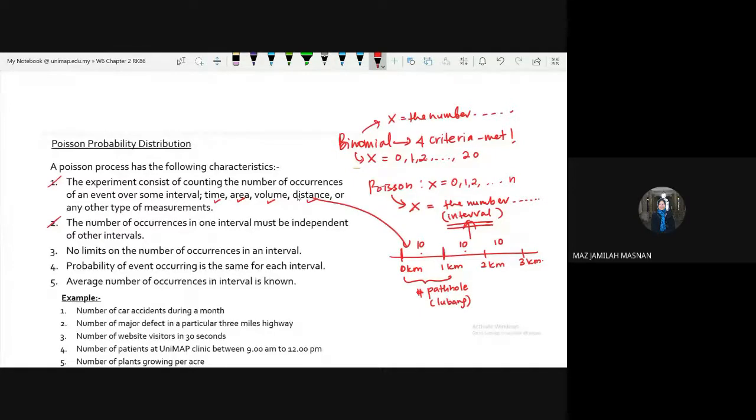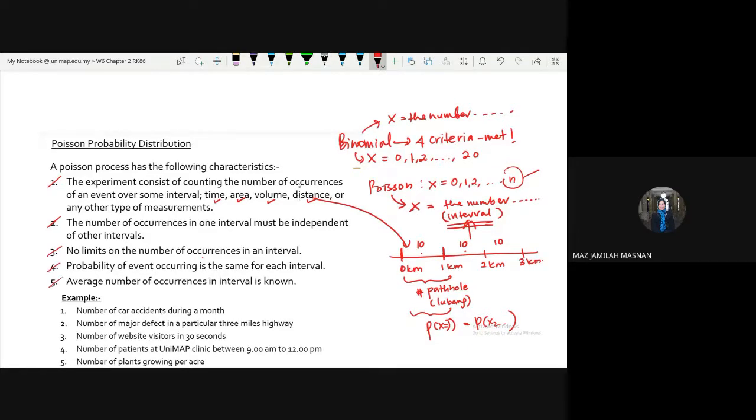There is no limit in the number of occurrences, so it continues to whatever value you have. The probability of each event occurring is the same for each interval, so the probability of x here is equal to the probability of x here. The average number of occurrences in an interval is known. Let us understand it this way.